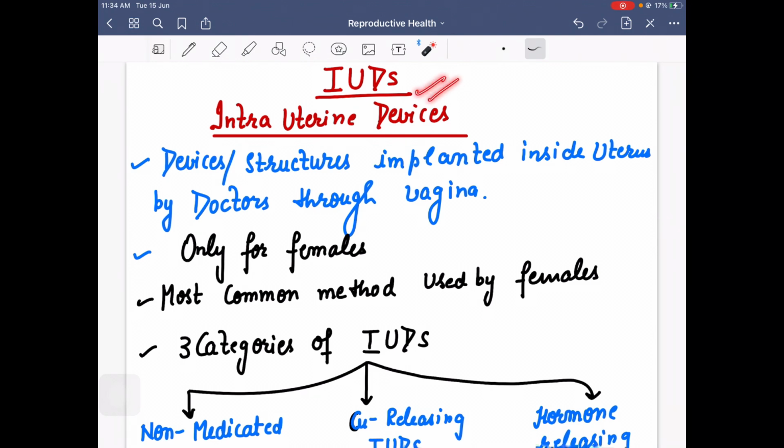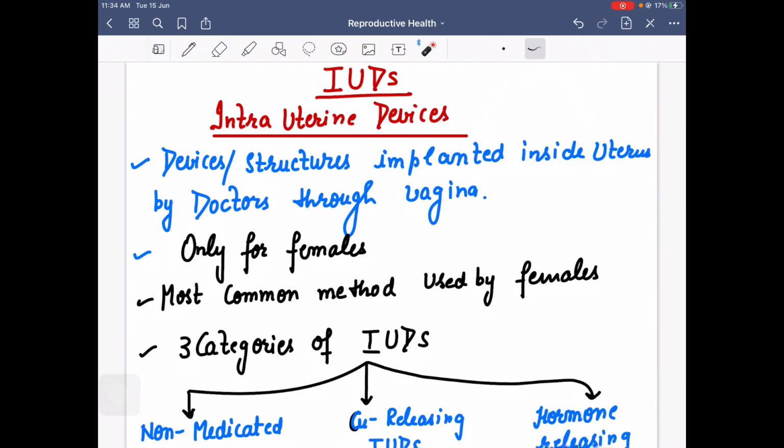These are the devices or structures. Look at the name, intrauterine devices. So these are the structures which are implanted inside the uterus, and that you cannot do at home. They are implanted by the doctors through the vagina.